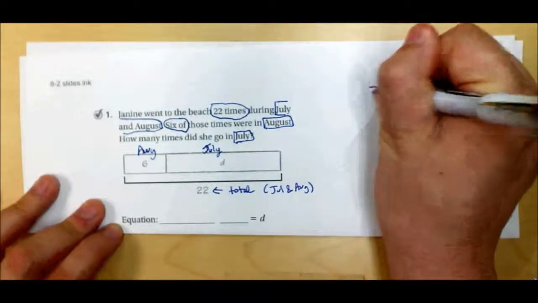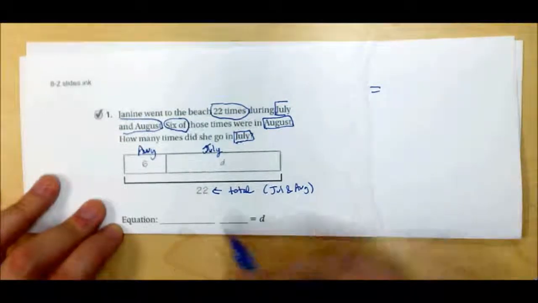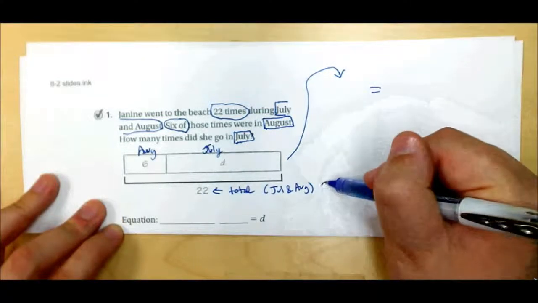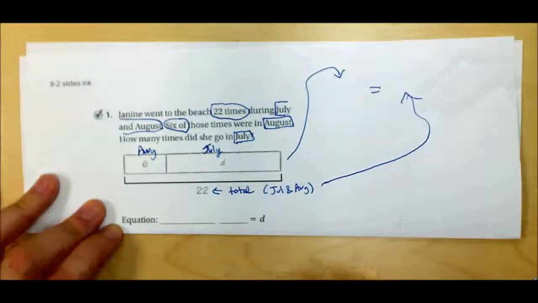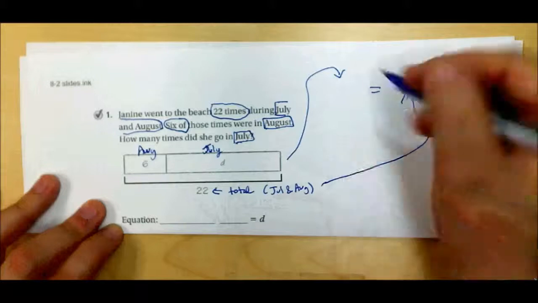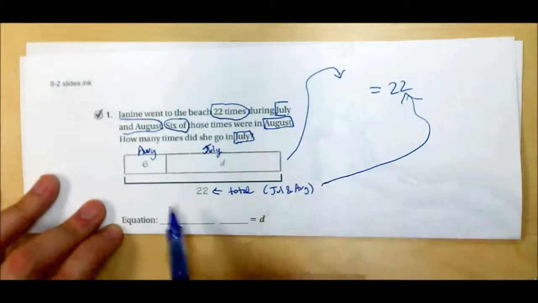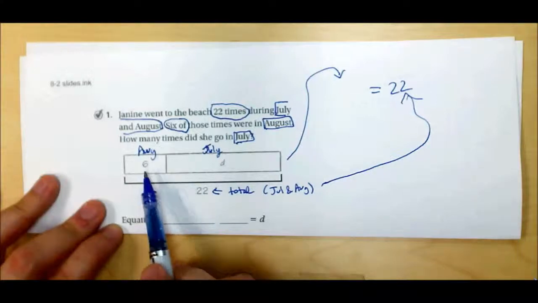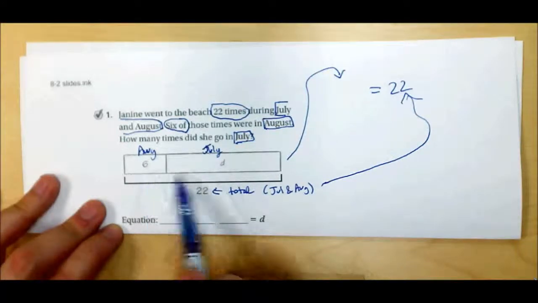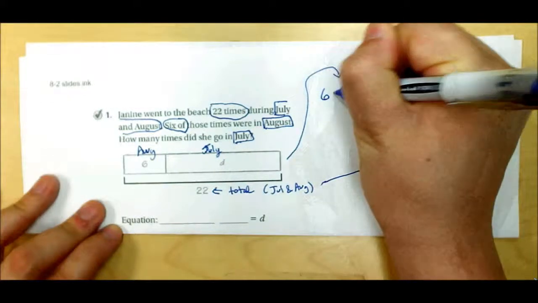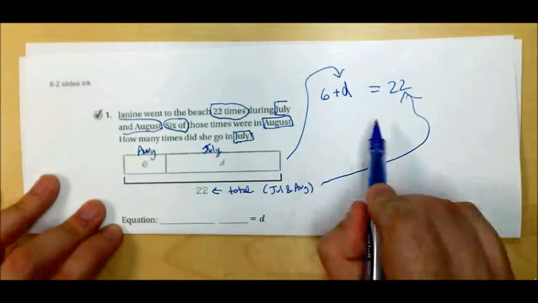So if I put an equal sign, this would go on one side, and this would go on the other side. So 22, this is 22, so I can just put 22 there. And here I have 6 and I have D. Well, I want to know the total of those two, so it would be addition. So it'd be 6 plus D equals 22.